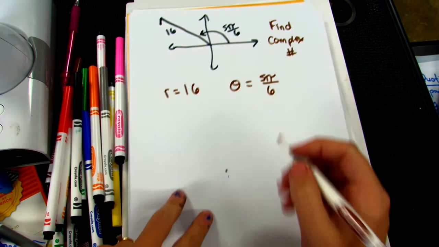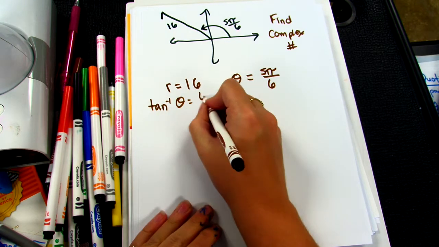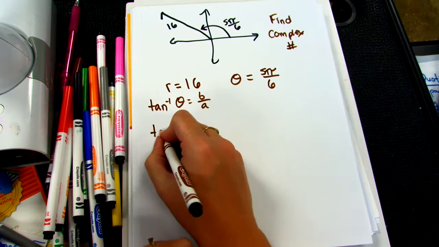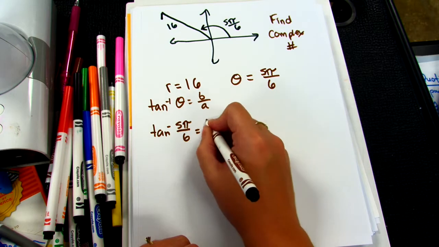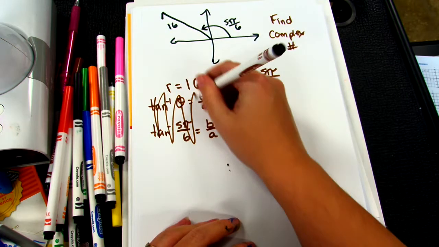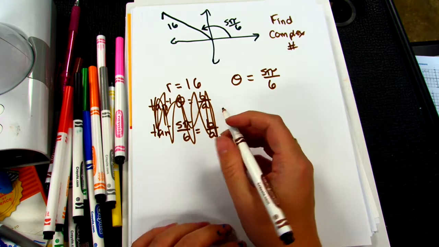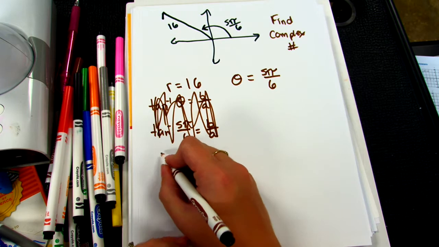Okay, so we're going to have to do some algebra, okay? First things first, I'm sorry, not inverse tangent. That doesn't make any sense. Okay, so theta is equal to inverse tangent of b over a, okay?